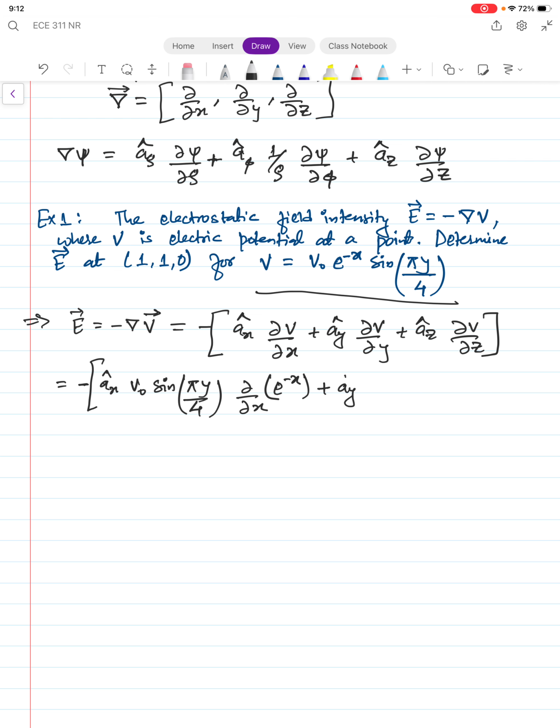Okay, next is a_y. Therefore V0 e^(-x) can come out of the derivative d/dy of sine(pi y divided by 4). And of course the partial of V with respect to z is 0.